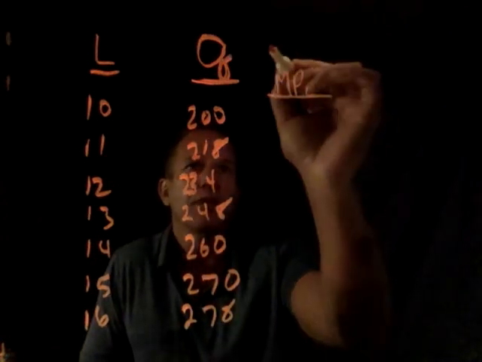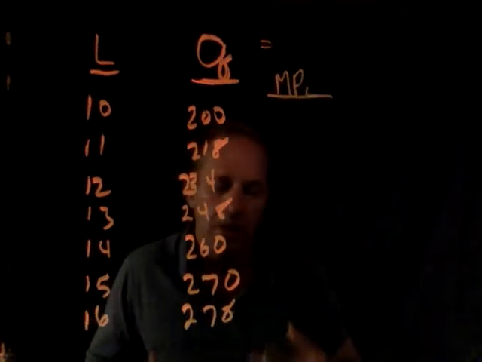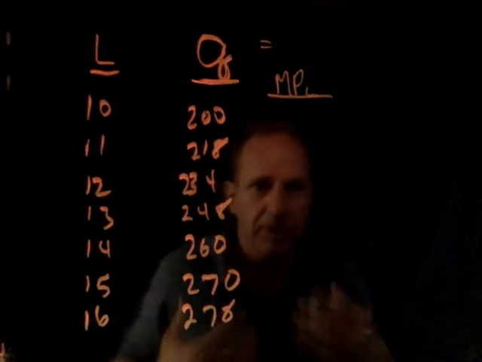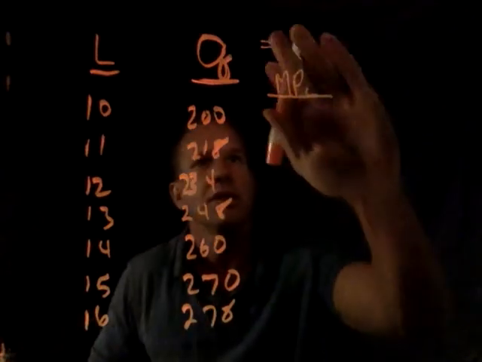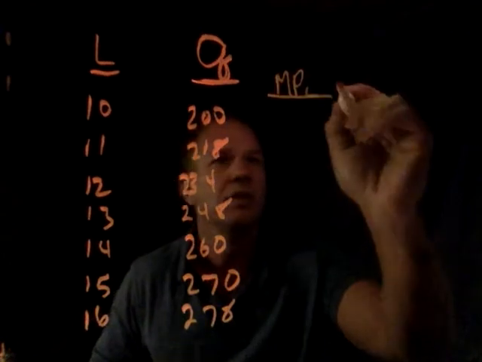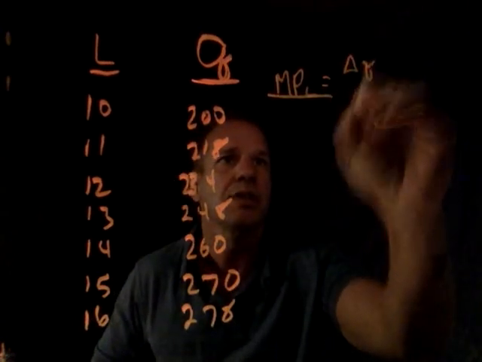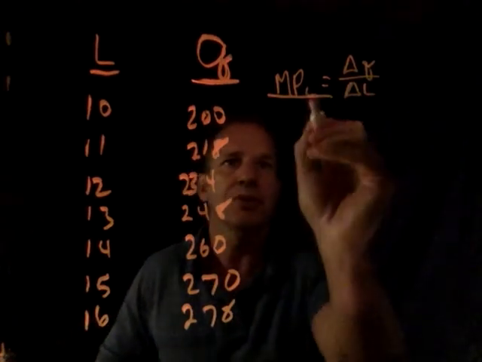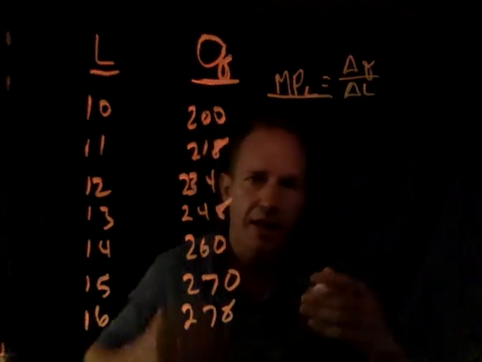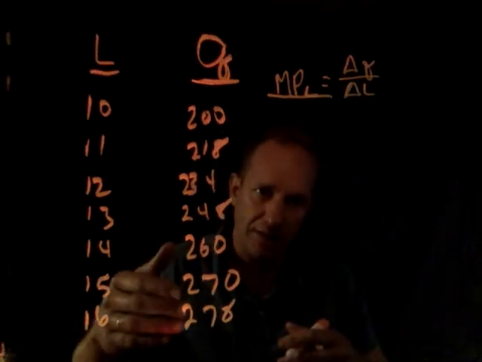So the marginal product of labor, in math terms, is equal to the change in output given some change in labor. In simple terms, it's how much more can we get by adding the next laborer.